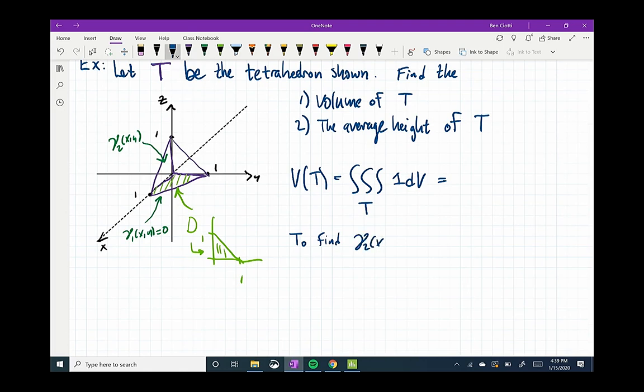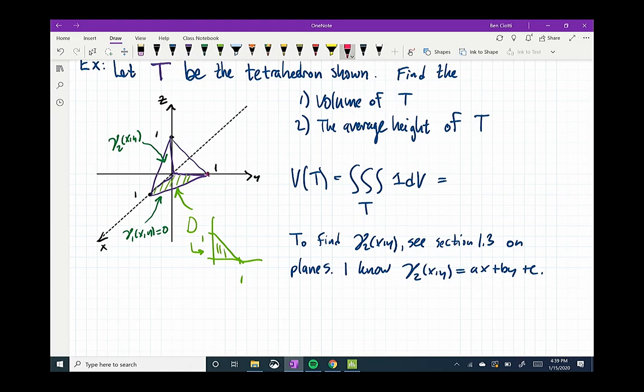To find gamma 2 of xy, see section 1.3 on equations of planes. I know that since it's a plane, it's equal to some linear combination of x and y. And then I can just plug in the points that are on it, such as 0, 1, 0, 0, 0, 1, and 1, 0, 0.